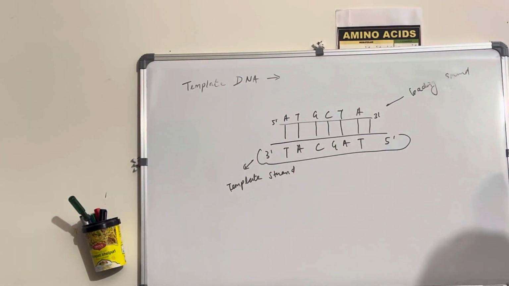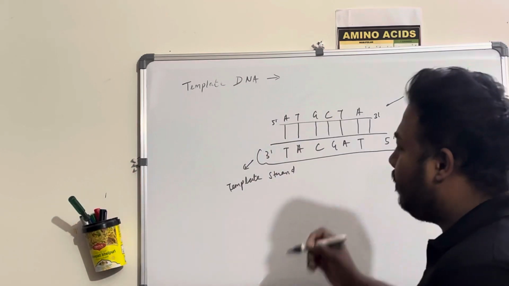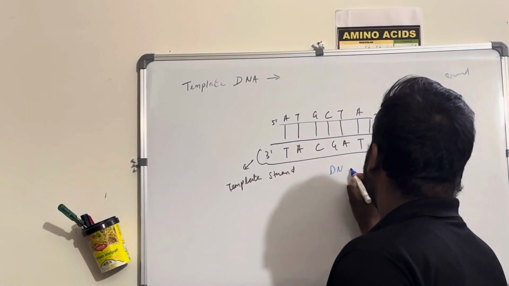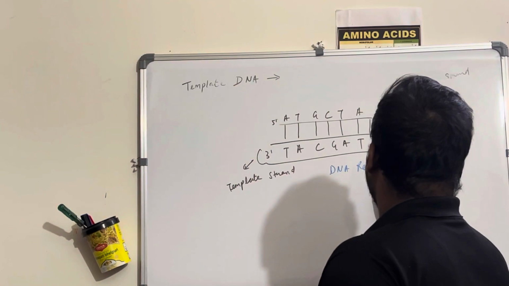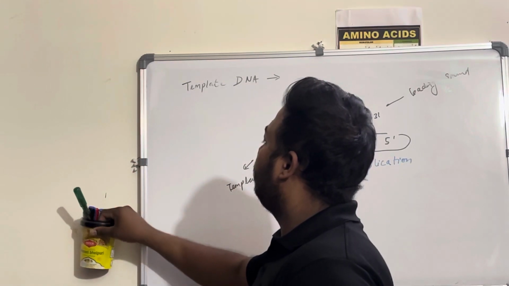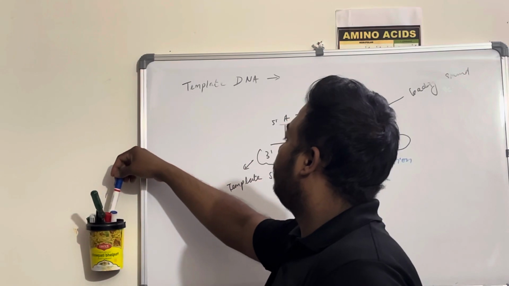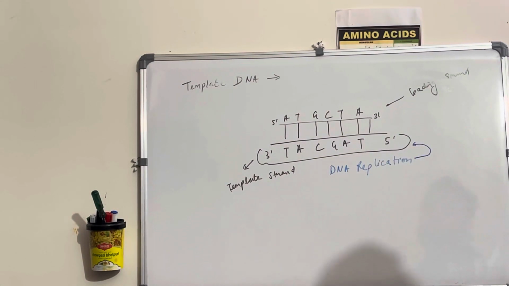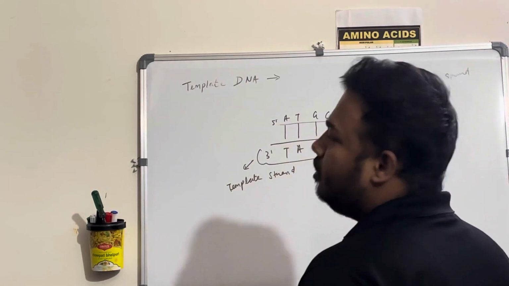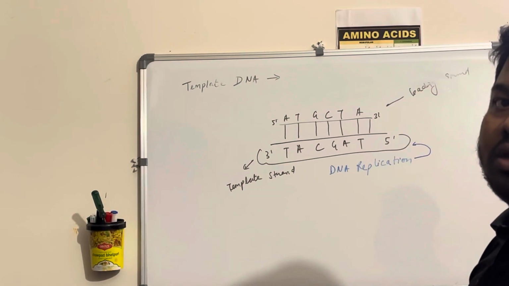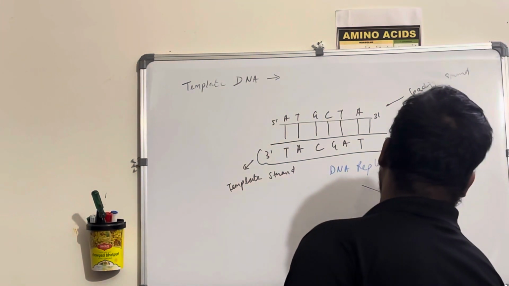During DNA replication, this involves the leading strand, and the template strand is broken down, or divided into two halves like this. This is becoming like this.